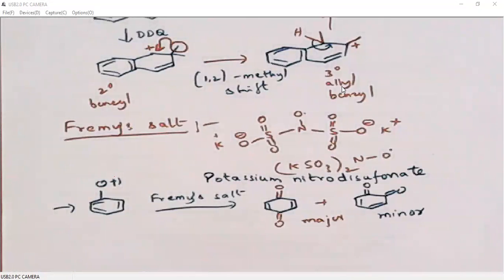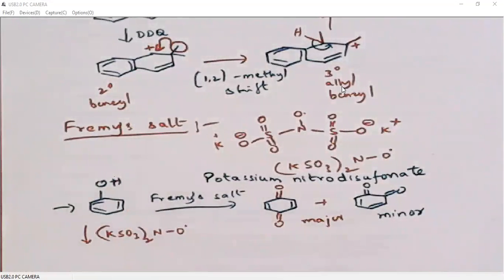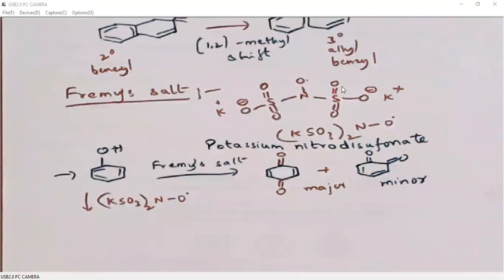How do we do oxidations with Fremy salt? As I said earlier, it should be a radical system. When we use Fremy salt, that is (KSO3)2NO radical. So this O radical will pick up a hydrogen radical from OH.